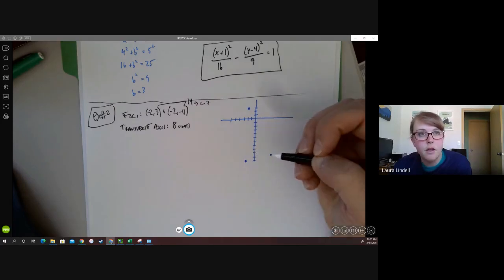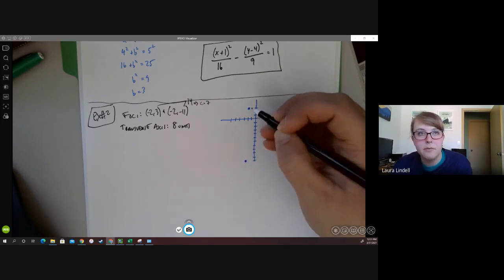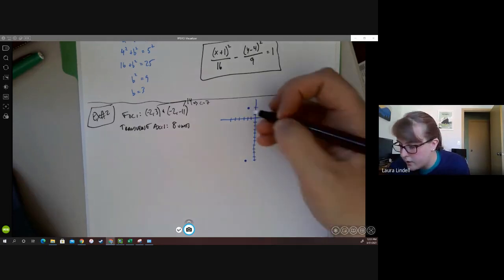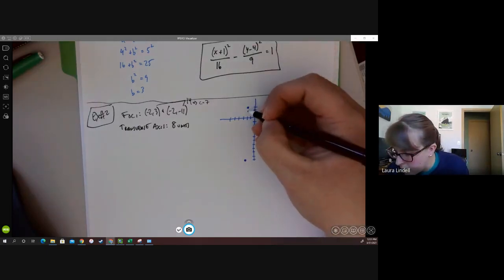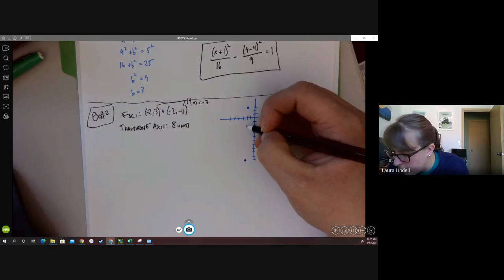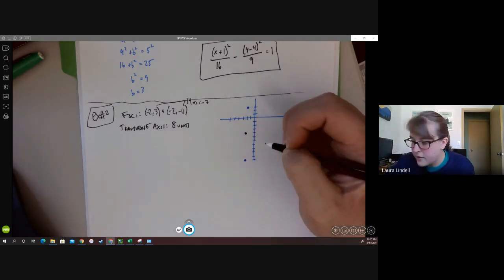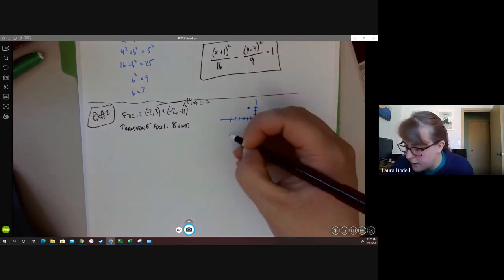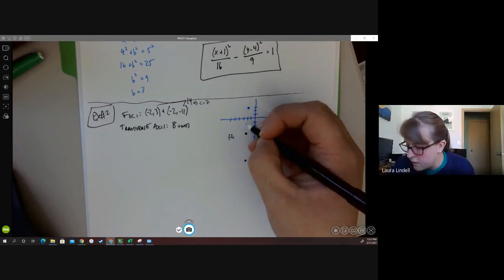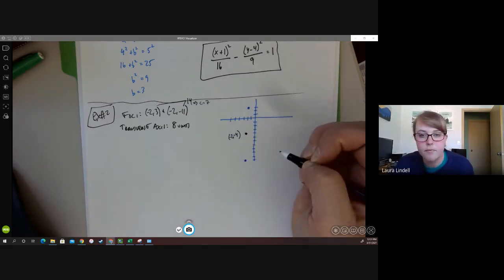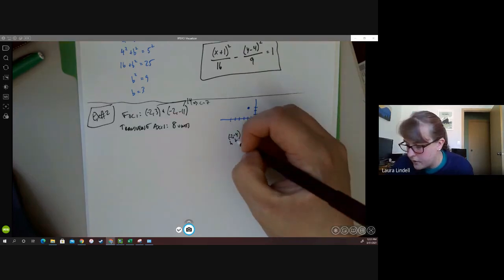Or you could always count the distance between the two and then figure out where halfway is. Either way is fine. So I go down 1, 2, 3, 4, 5, 6, 7, and that would be my center. In this case, the center would be (-2, -4), since that's 7 down from 3. So that would be h, k.